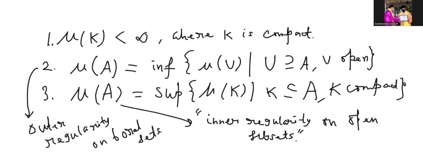You can approximate the measure of any open subset from inside using compact sets. There is inner regularity on open sets. And any measure on a Hausdorff topological space which satisfies these 3 conditions is called a Radon measure.